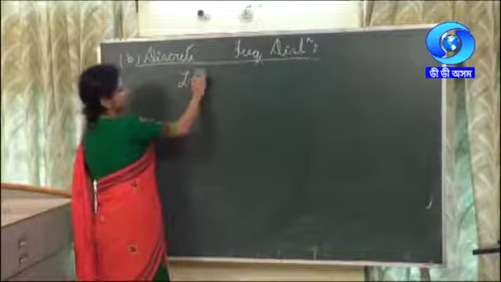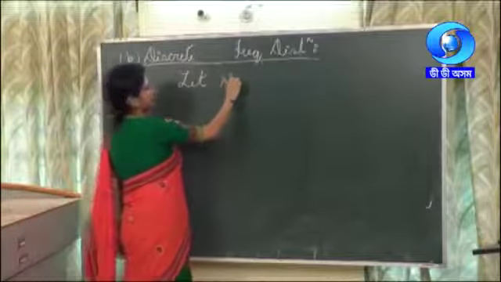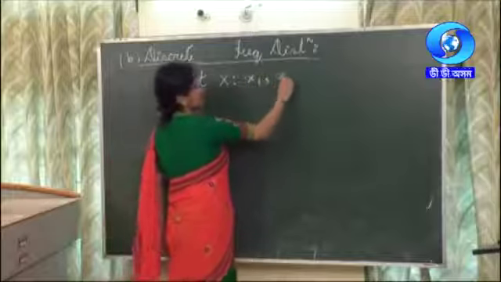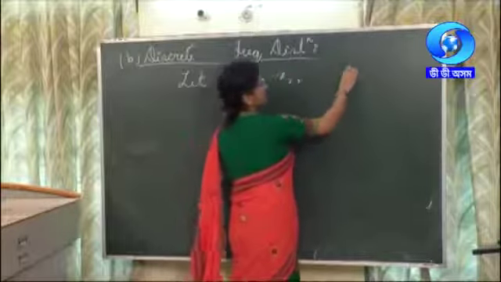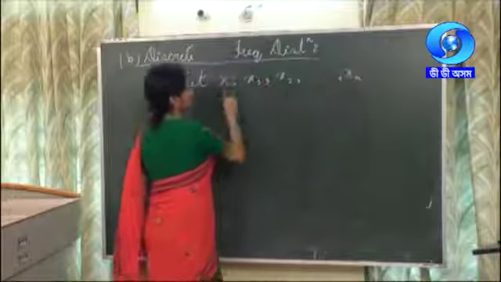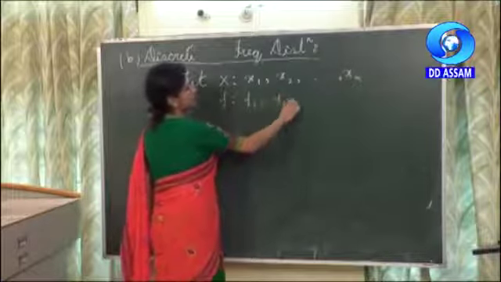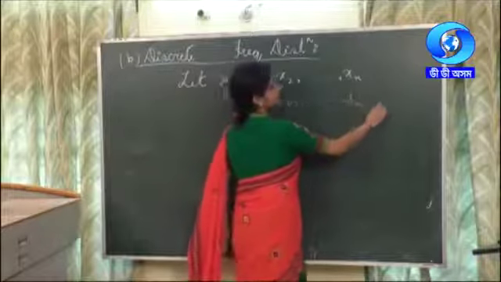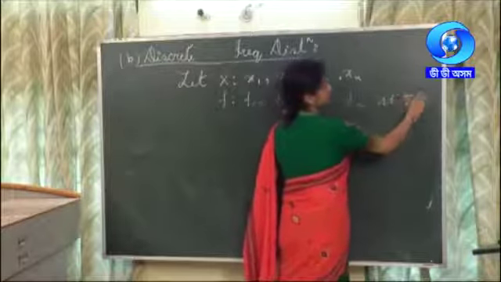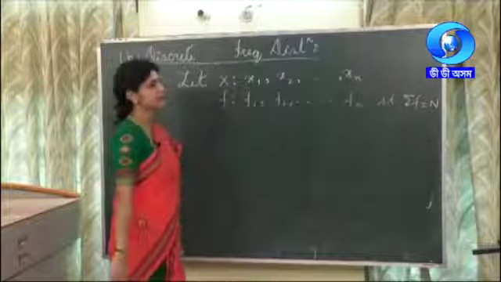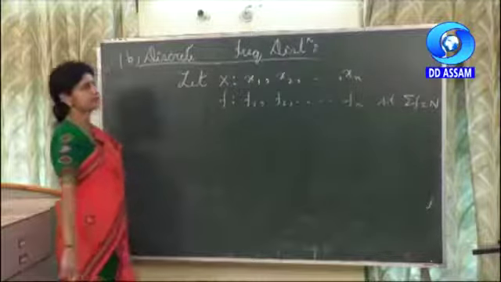The structure is like this. X takes values x1, x2, etc. up to xn with respective frequencies f1, f2, etc. up to fn, such that the summation of f is equal to capital N. Total of frequency is always denoted by capital N.